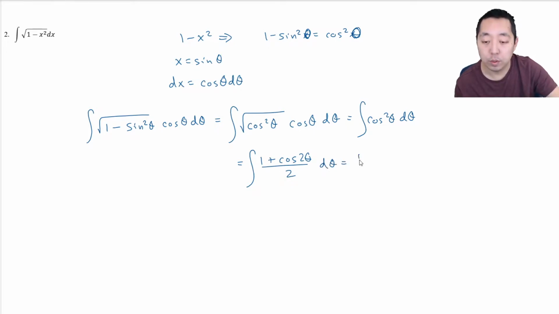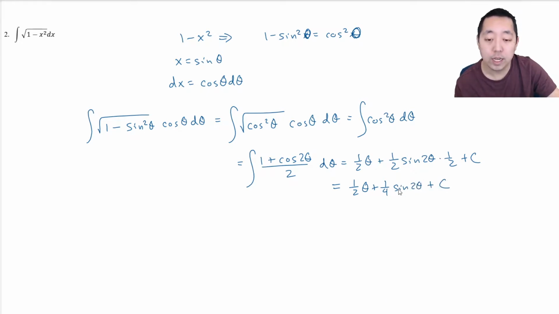So this is going to be 1/2 theta. Derivative of sine is cosine, so it's going to be 1/2 sine 2 theta, then times 1/2 because of reversing the chain rule. So this is 1/2 theta plus 1/4 sine of 2 theta plus c.